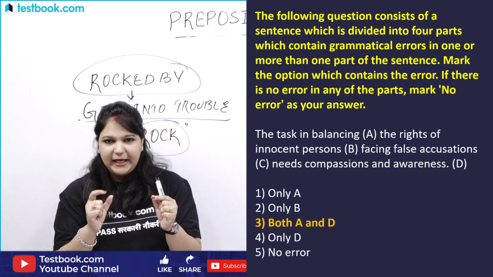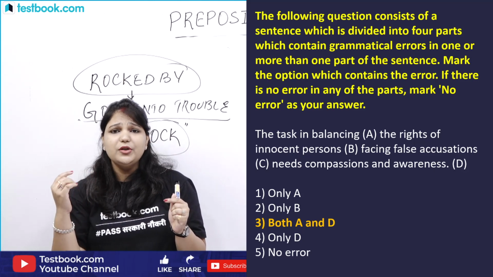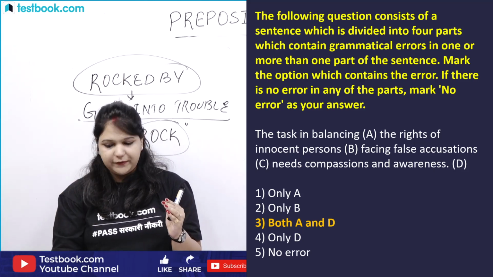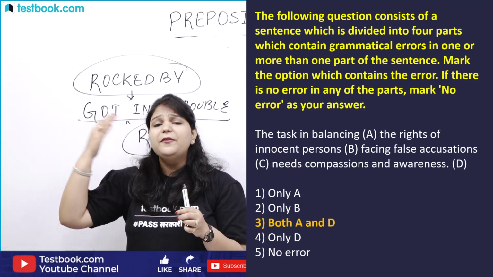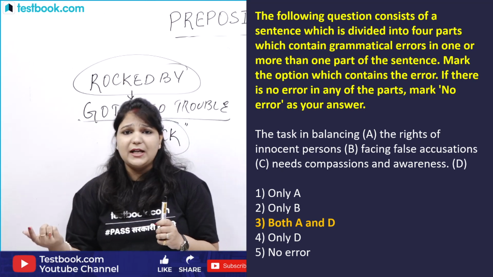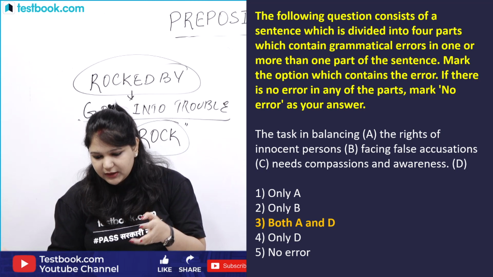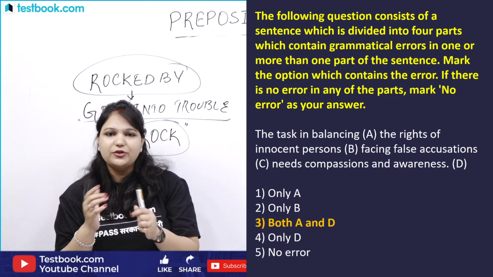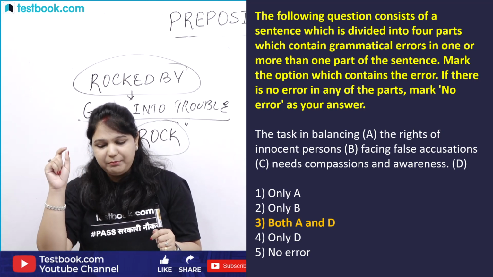The part A has the task in balancing, right? But the task always goes with of. The task of balancing, because you are talking about the further explanation after the task, what this task was about. So this task was about balancing the rights. So you are actually talking about the task of, right? So that is the error in part A.